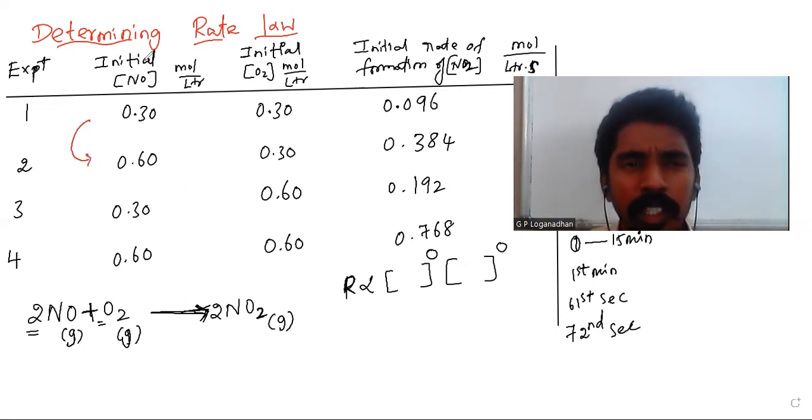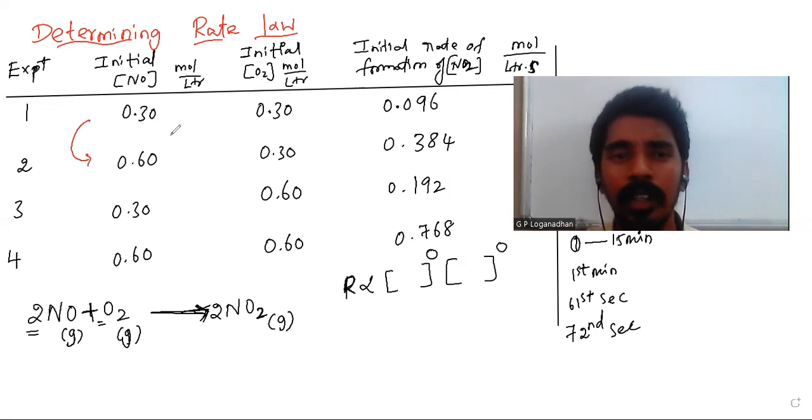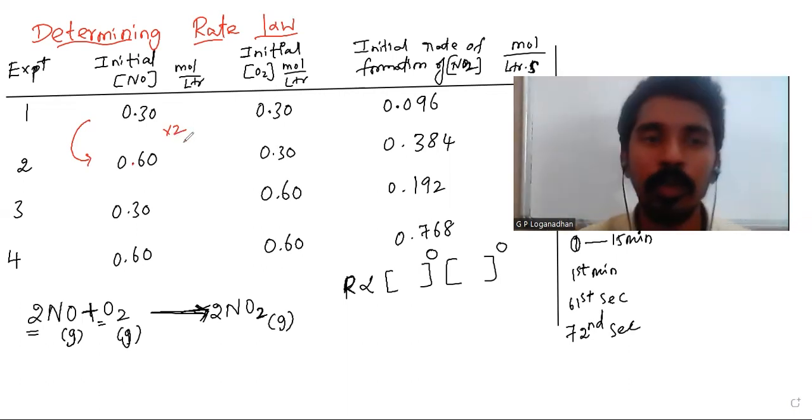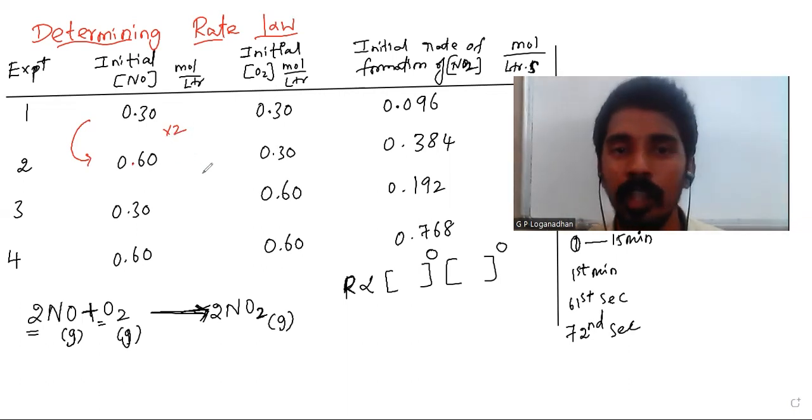You see the change from the first to the second one. Now we are doing another reaction by taking the concentration of NO as 0.60 mole per liter and the concentration of O2 as 0.30 mole per liter. Compared to the first experiment, the change here is that the concentration of NO is taken 2 times. It is 0.30, and when you multiply this by 2, you get 0.60.